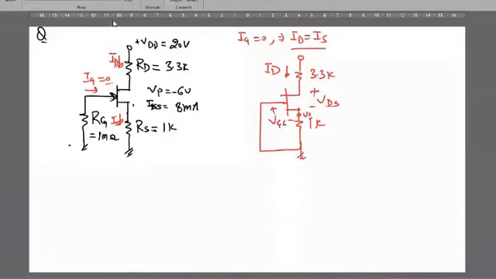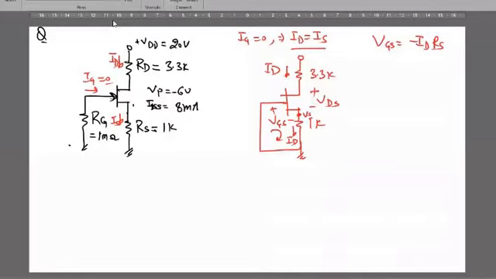Okay, fine. So now we can apply this equation, and we know that VGS equals minus ID into RS if we apply KVL over here in this loop, and this is IS, ID or IS, fine. So VGS, we can calculate like that. And here this is the quadratic equation.